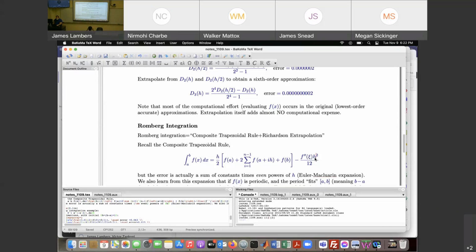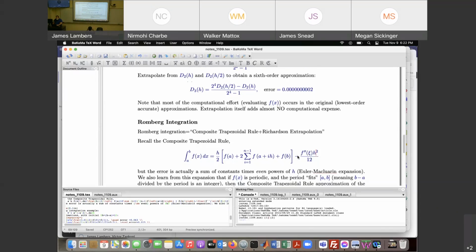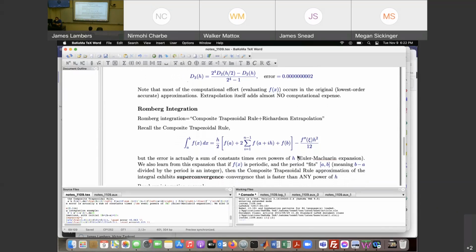Okay. Now, here I've shown combination of composite trapezoidal rule with Richardson extrapolation. So what you could try is a similar idea, combining Richardson extrapolation with, say, composite Simpson's rule, which is known to be 4th order accurate.